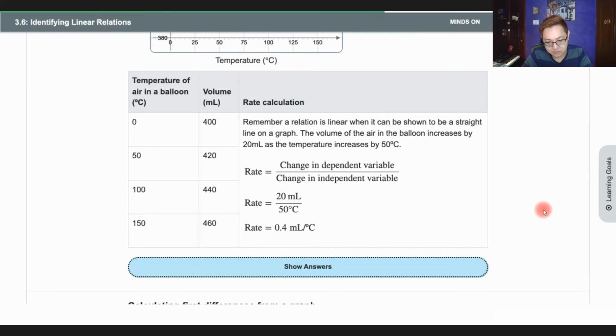The volume of the air in the balloon increased by 20 milliliters as the temperature increased by 50 Celsius. Rate equals change in dependent variable over change in independent variable. So 20 milliliters divided by 50 Celsius, the rate is equal to 0.4 milliliters per Celsius.